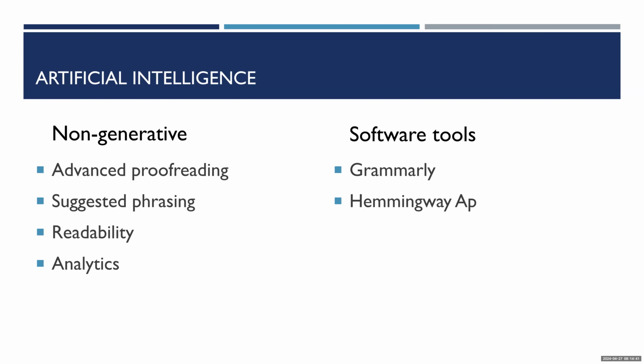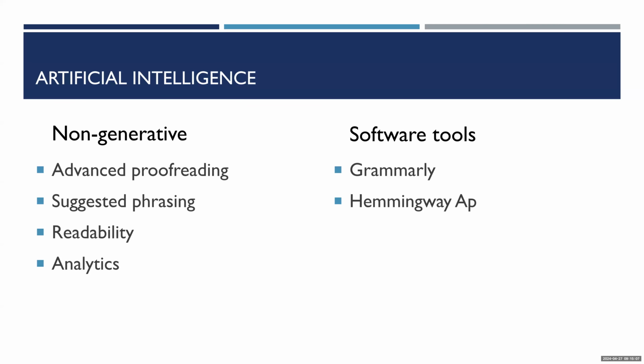For non-generative AI, it means it's not creating content for you, but it's reviewing your content. This can be very helpful with advanced proofreading skills beyond those tools that are already embedded in Microsoft Word or in Google Docs or in the Mac software suite. They do provide suggested phrasing.